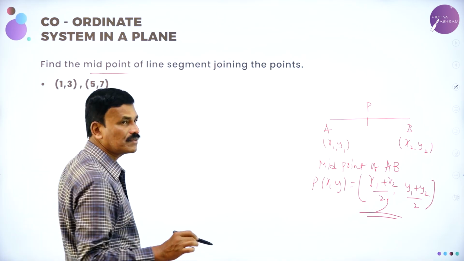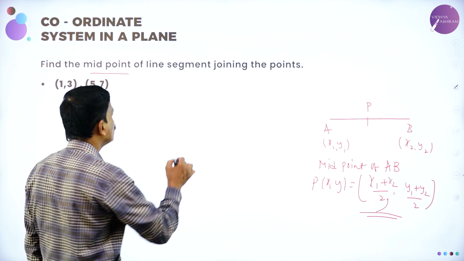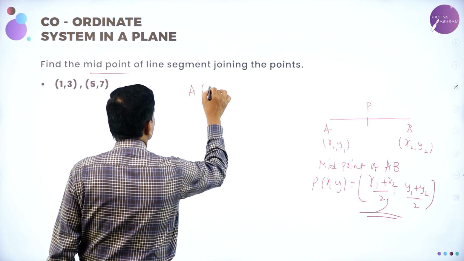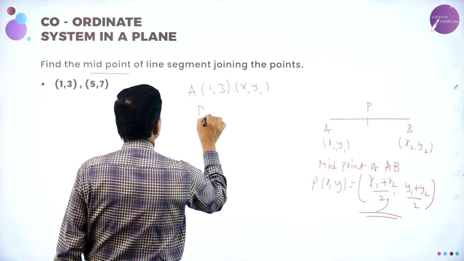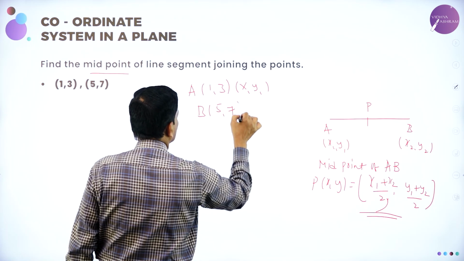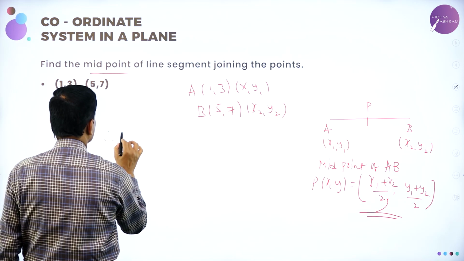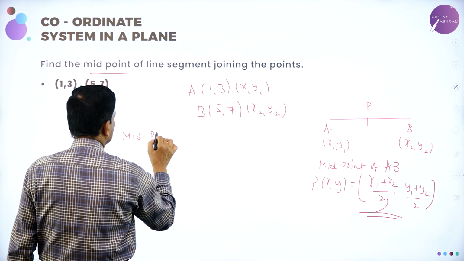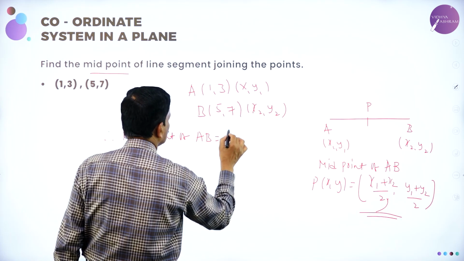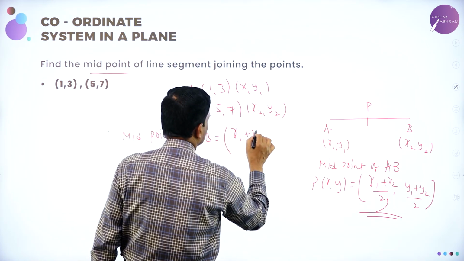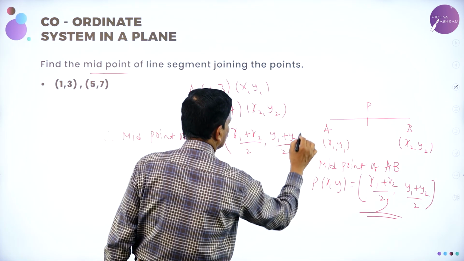Now what is the problem given? Find the midpoint of the line joining the points 1 comma 3 and 5 comma 7. So A 1 comma 3, this is x1 y1, and B 5 comma 7, this is nothing but x2 y2. So therefore the midpoint of AB is equal to x1 plus x2 by 2 comma y1 plus y2 divided by 2.